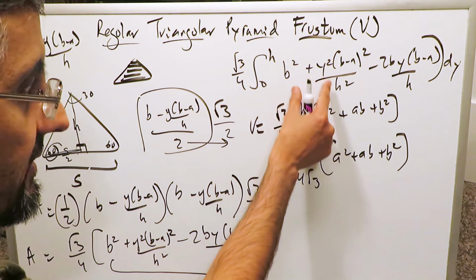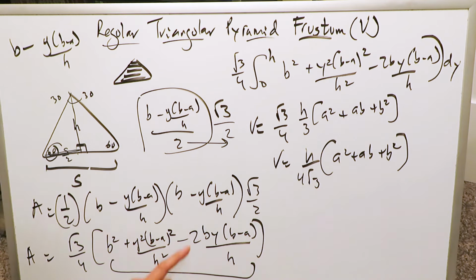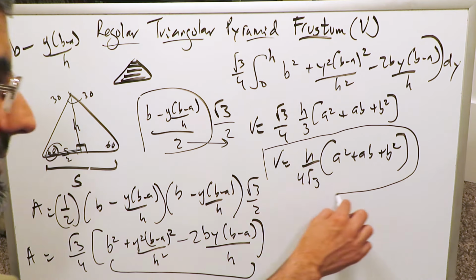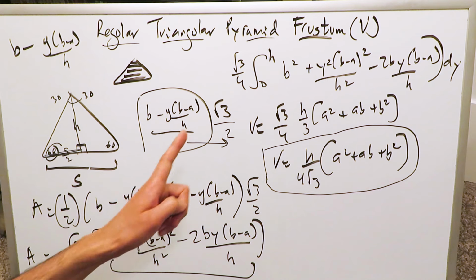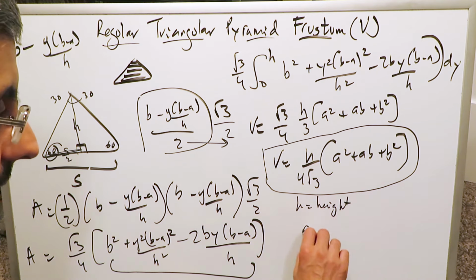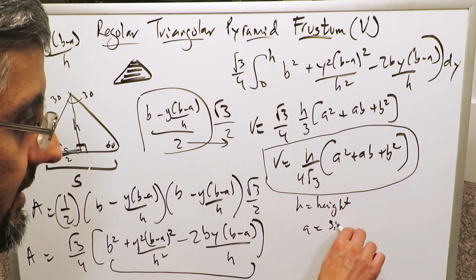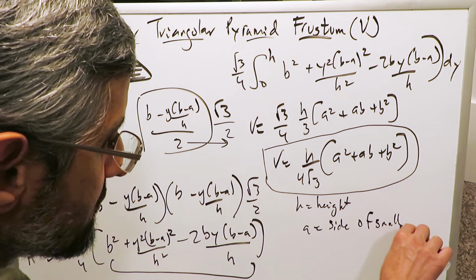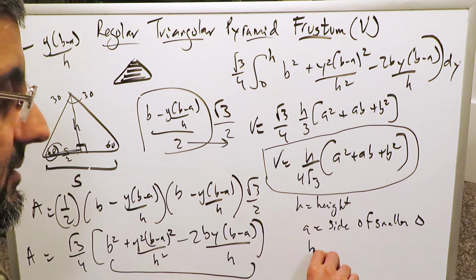I skipped these intermediate steps because I've shown them; they're exactly the same in that other video, the square pyramid volume frustum video. I'll include the tag for that. This is a formula we're getting from this derivation procedure, where h represents height, a represents a side of the smaller triangle, and b equals the side of the larger triangle. I'm going to show you all of this because this is where the reconciliation procedure is needed.